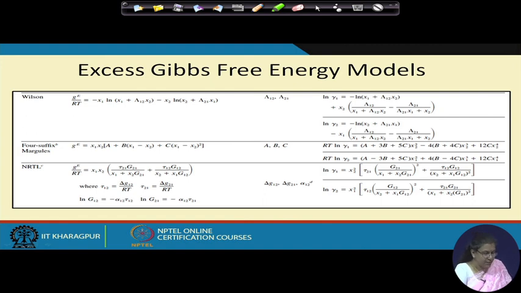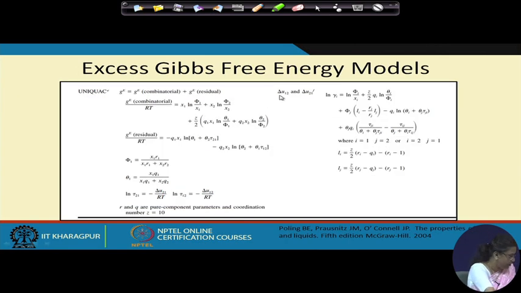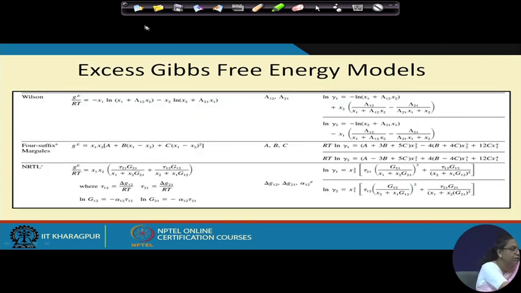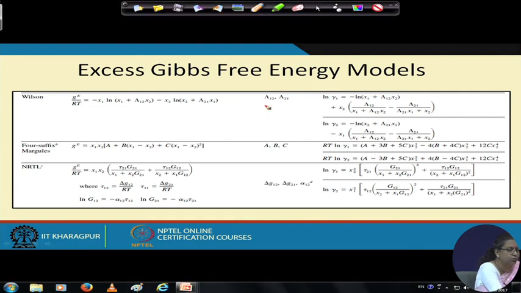For example, the Wilson equation is one where the adjustable parameters, lambda 1 2 and lambda 2 1, are functions of temperature. This equation is very good for mixtures where the components differ from each other in molecular size and the interactions between the like and unlike molecules are different.